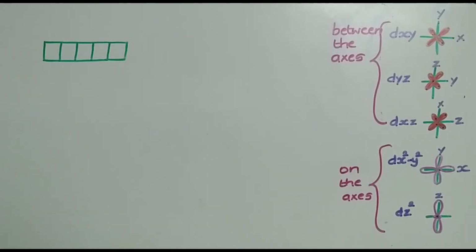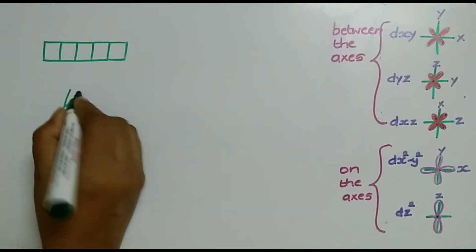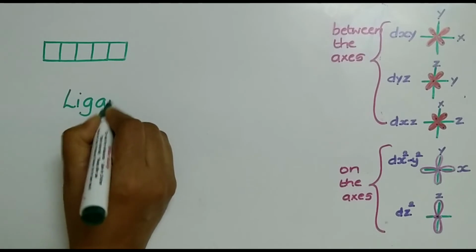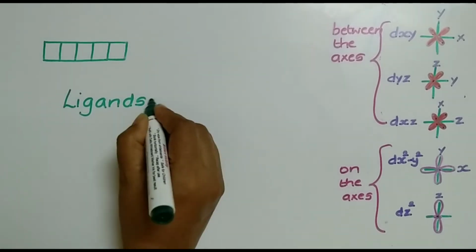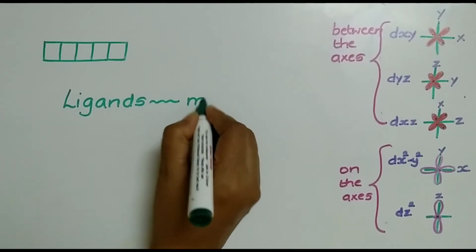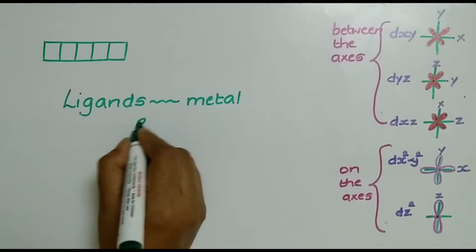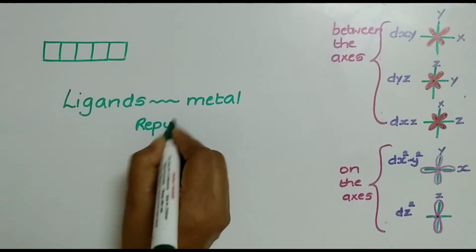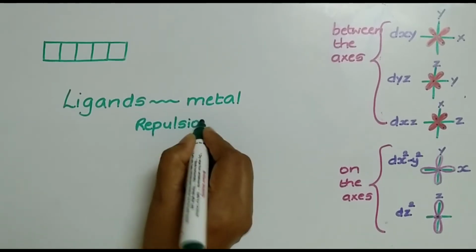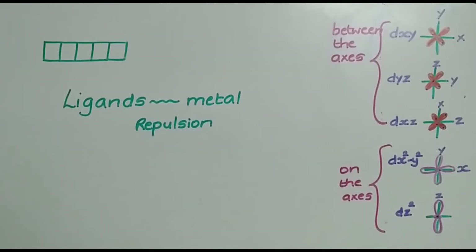Now, we know that when the ligands approach the central metal atom, at that time repulsion takes place. Now, why is repulsion taking place?